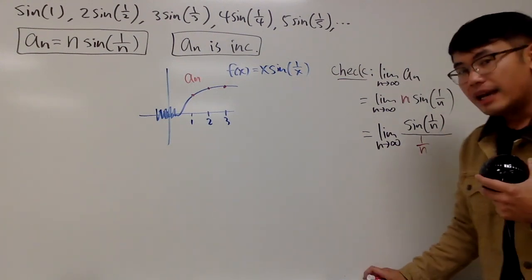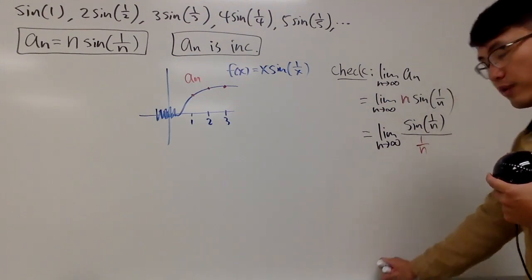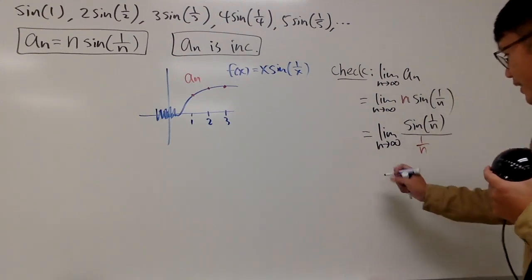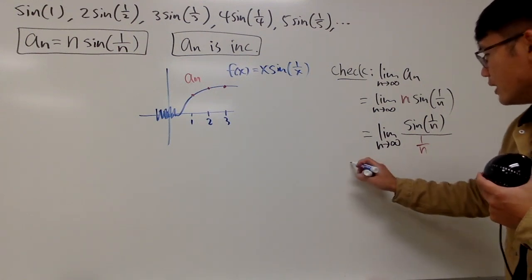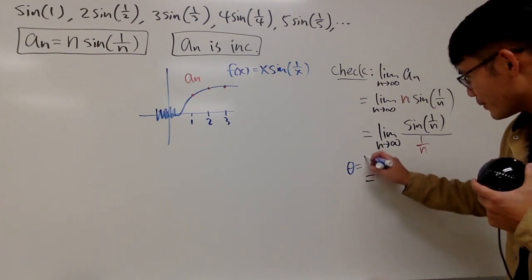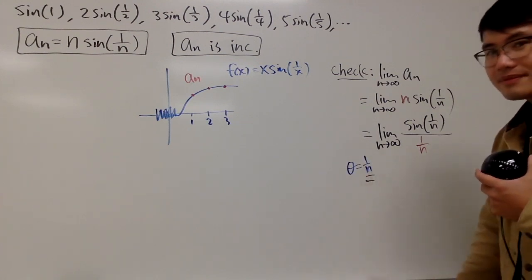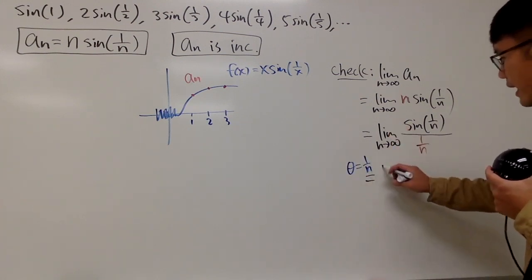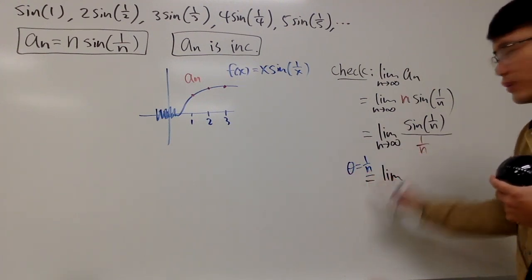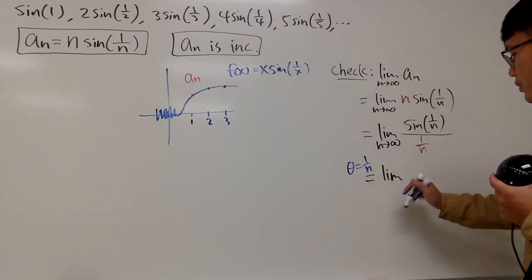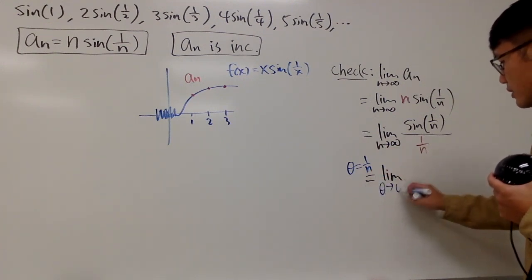To do so, this is what I would prefer you to do. Write this down: do a substitution, let theta equal 1/n. When n was going toward infinity, theta will now go to 0, because 1 over infinity is 0.